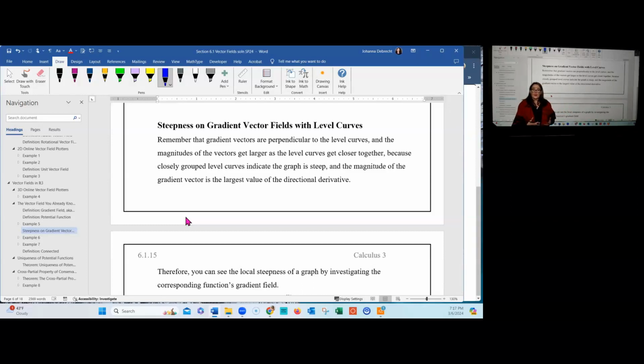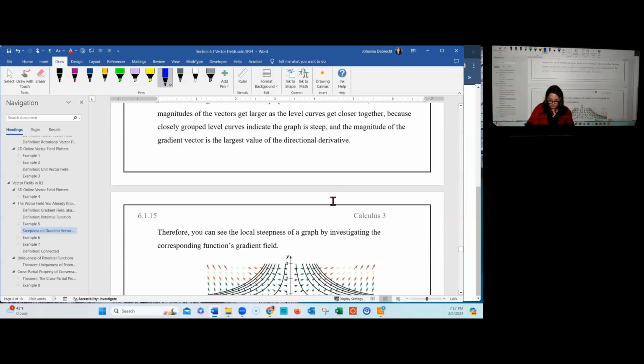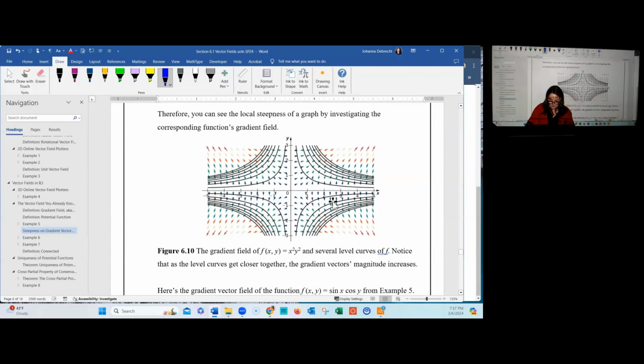The length of the gradient vector equals the maximum partial derivative in a particular direction. It always points the steepest way uphill, and pointing in the complete opposite direction of the gradient is the steepest way downhill. You can investigate the steepness of a graph by looking at the function's gradient vector field.